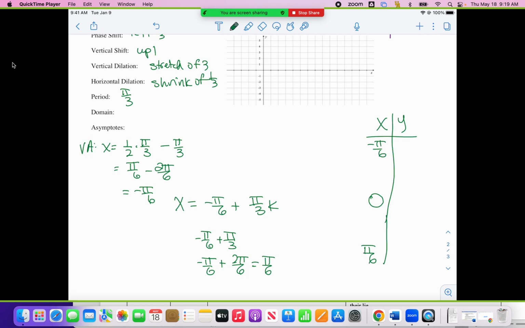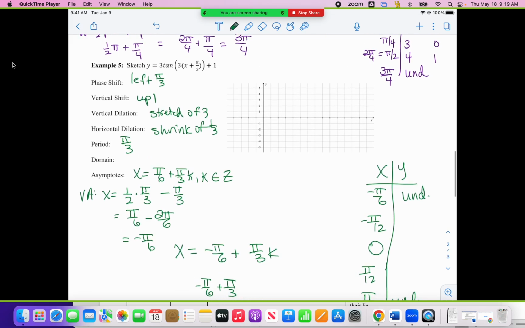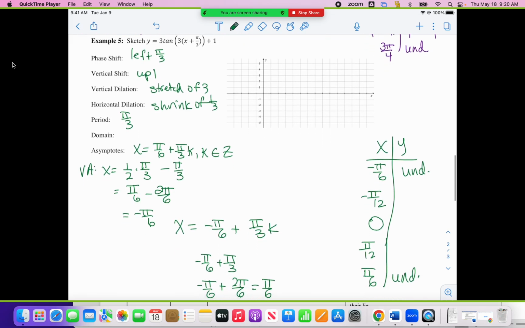I'm going to write my asymptote is x equals, and it is an equation. And then I'm going to go pi over 12, negative pi over 12. Undefined, undefined.